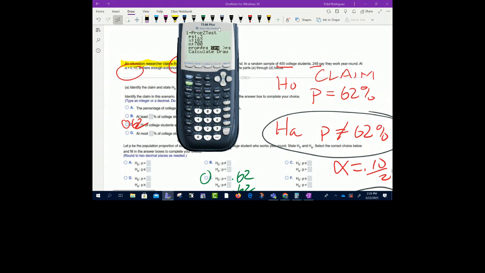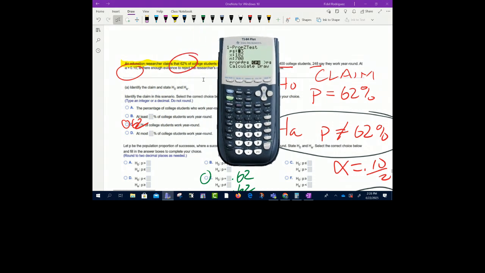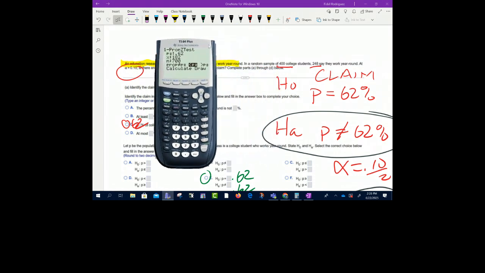My p, in this case, is what, 0.62? So we're going to go 0.62. Our x is the number of people who say they're going to work year-round. There were 248 of them, out of a total of, what, 400? There we go. Then we said this was a two-tailed test, y'all, so I'm going to click that one right there and go to calculate.